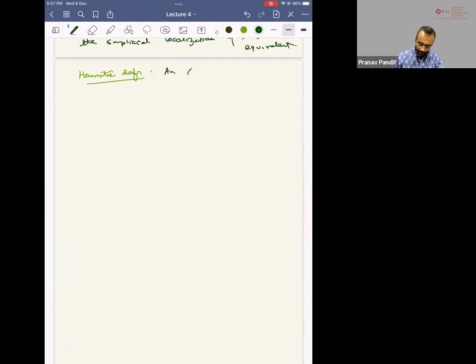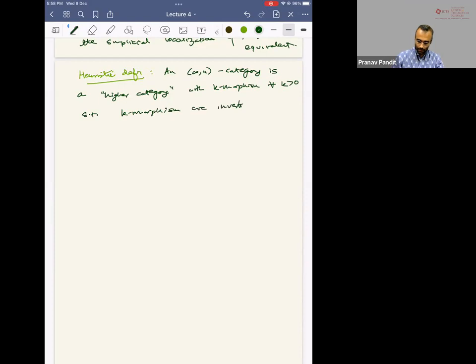An infinity n category is a higher category with k morphisms for all k greater than or equal to zero, such that k morphisms are invertible for k bigger than n.